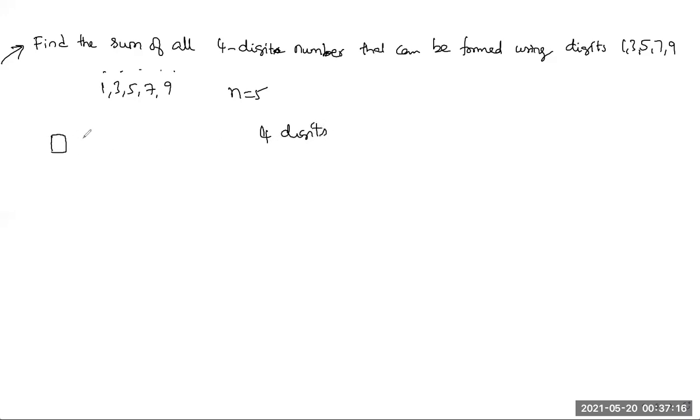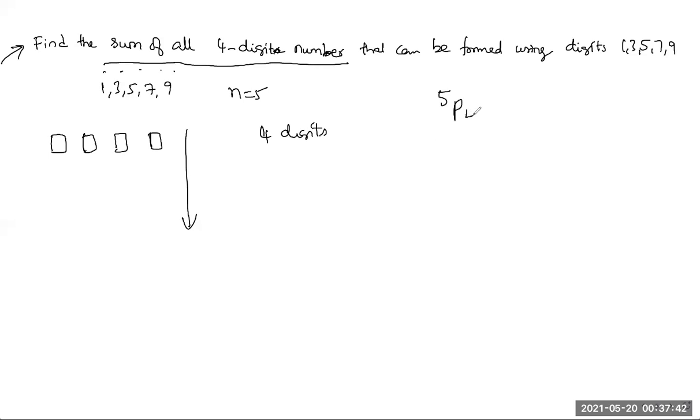So if you consider 4 boxes like this, okay. Now what they're asking is to sum all the 4-digit numbers that can be formed. So what they're telling us is to permute. Okay. And how many numbers will we achieve out of this? So there are total 5, n equal to 5.